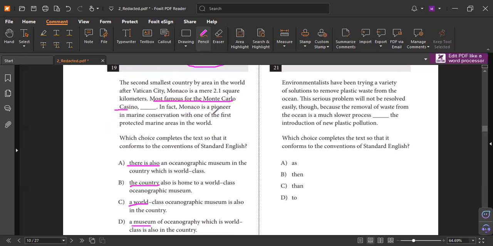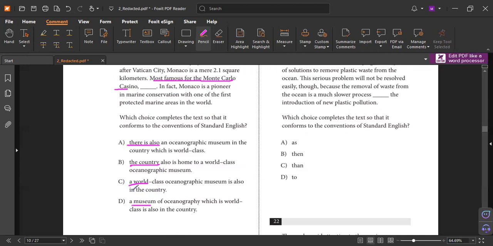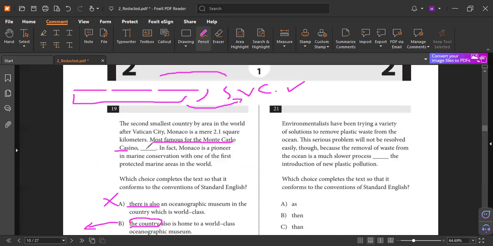It says here Monaco is a pioneer in marine conservation, was one of the first protected. So here we are talking about the country, because what is most famous for the Monte Carlo Casino? The world? No. The museum? No. If there is, this is redundant, it's too long. Here we need to start with the subject, which is described before the comma. This comma tells me the test is about the modifier.